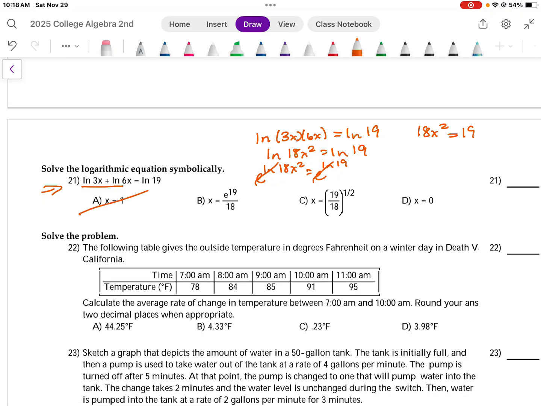We would bring over the 18. x squared is equal to 19 over 18. Well, that rules that one out because that has an e there. And then now we're supposed to take the square root of both sides. So x is equal to the square root of 19 over 18. Again, they want you to remember that we can represent that as a fraction power, a rational exponent.